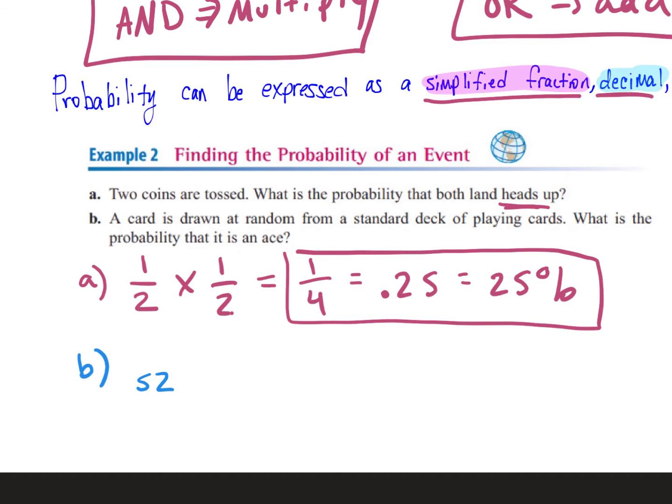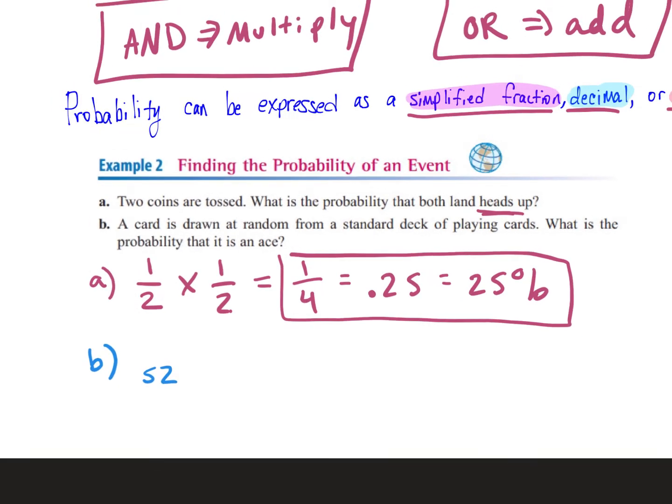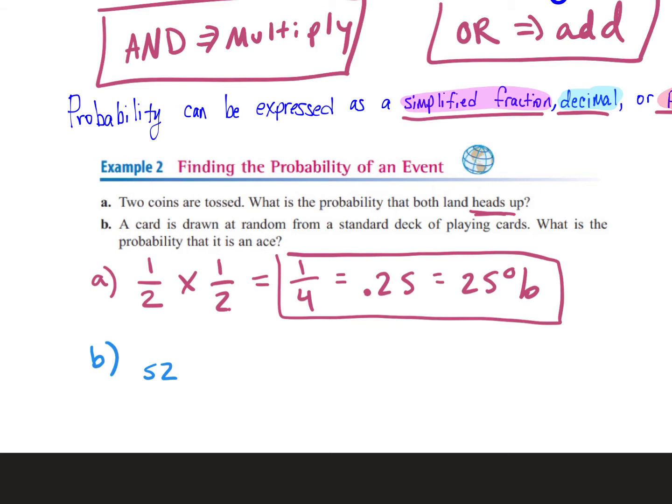A card is drawn at random from a standard deck of playing cards. What is the probability that it is an ace? How many aces do you think are in a deck of cards? 4, thank you. So we have 4 out of 52. Can we simplify this? It simplifies to 1/13.